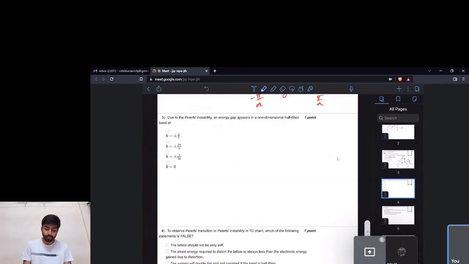It says that due to Peierls instability, the energy gap appears in a one-dimensional half-filled band at what point? So we have this information that in some E-k diagram at pi by a and minus pi by a, this diagram generally goes this way, because E as a function of k is 2t cos ka, a cosine function, which increases at these points.